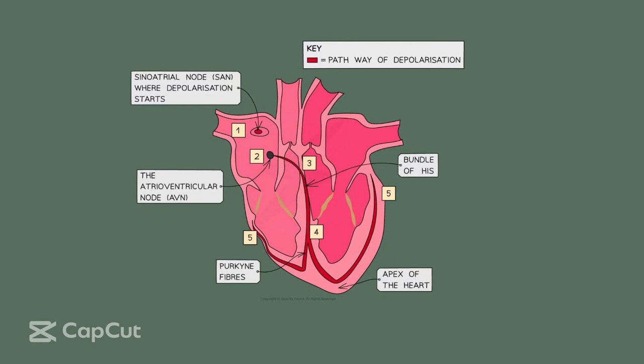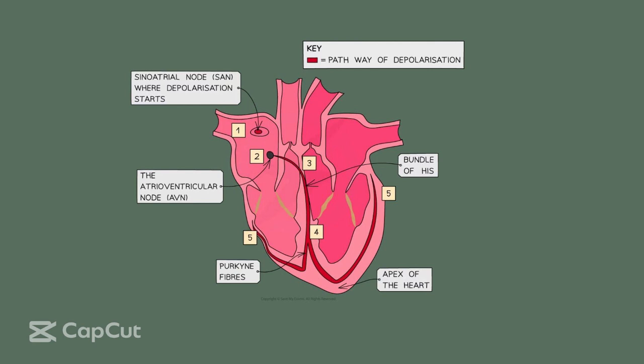And the bundle of His branches off into another new term called the Purkinje fibers, and these are the part of the bundle of His which carry the signal back upwards. So you have the bundle of His which is moving down from the top to the bottom of the heart in the apex, so in the wall separating the right and the left regions. So that's the bundle of His coming downwards, and then after it reaches the bottom, it branches off to right and left, back upwards through the walls of the right and left ventricles, and they are referred to as the Purkinje fibers.